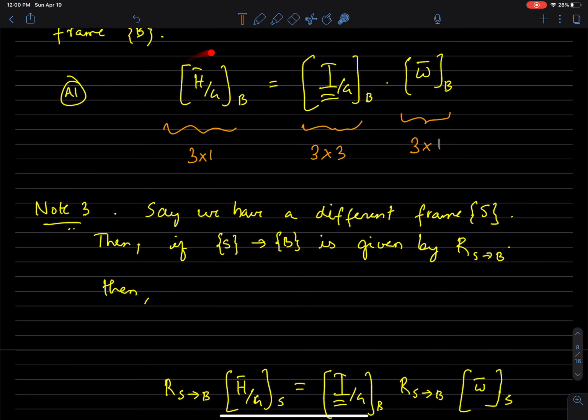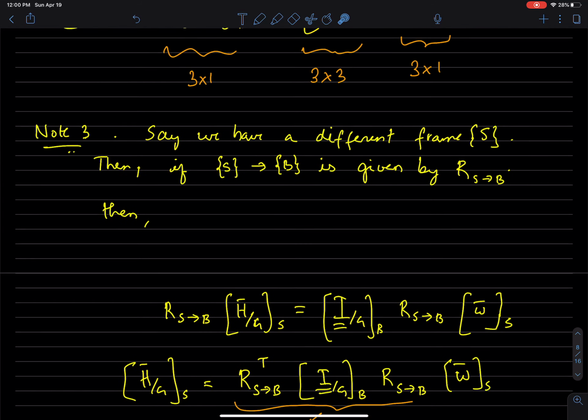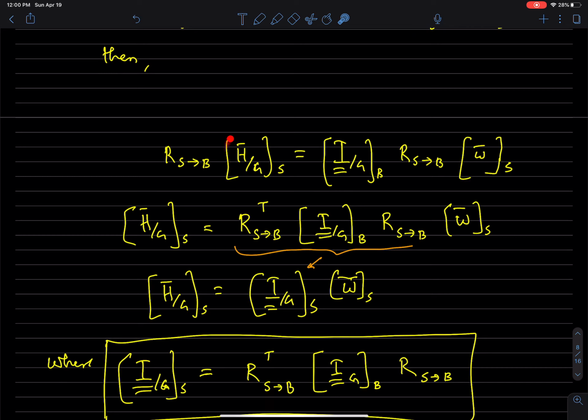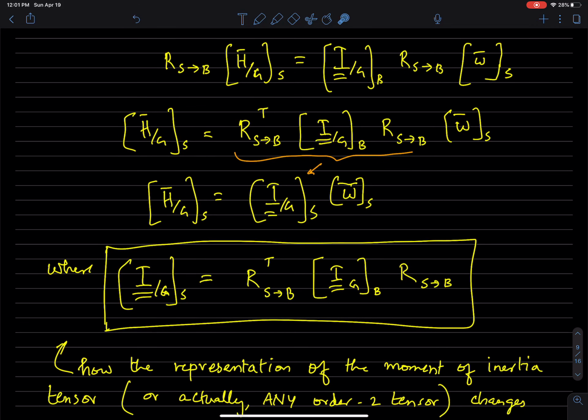We can just take this expression and transform it to frame S by saying Hg in frame B is basically the rotation matrix R S to B times Hg in frame S. Do the same for omega, and then bring this down here because R is a rotation matrix. This becomes R transpose, and essentially we have the new relationship Hg in some other frame S equals this quantity times omega in some other frame S, and this quantity is basically your Ig in this frame S.